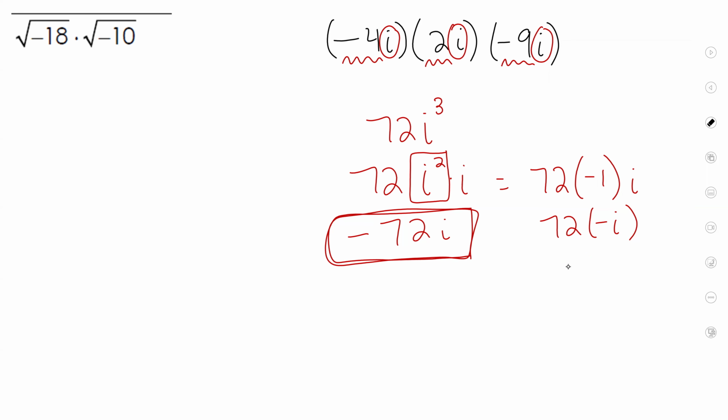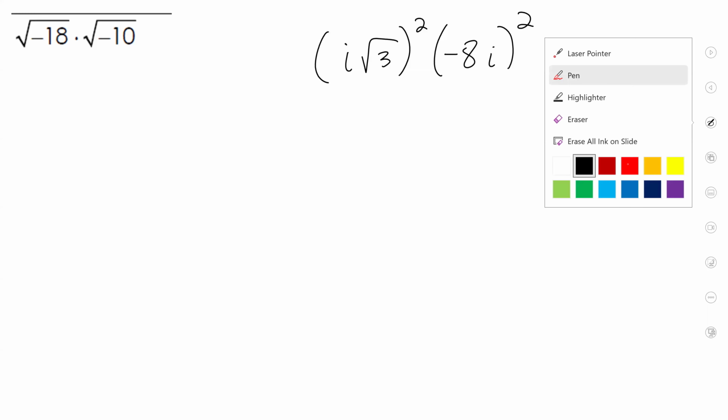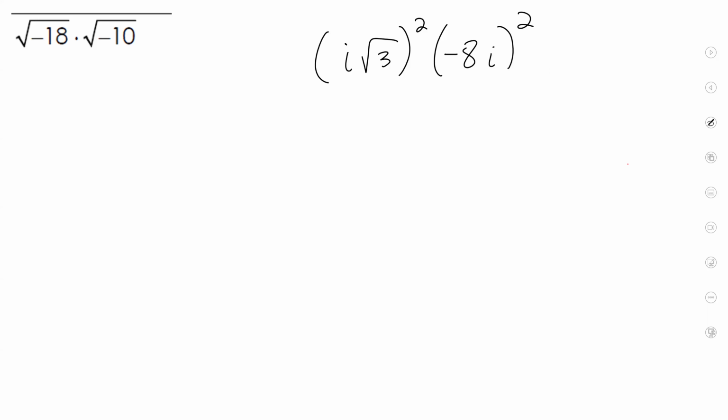Another one. This squared goes to both items. So this is I squared and then square root of 3 squared. You guys see that this cancels out square root with the squared? So we're left with I squared times 3 for that first one. This squared goes to the negative 8. What's negative 8 times negative 8? 64. And I squared.